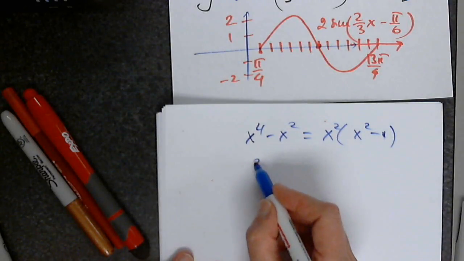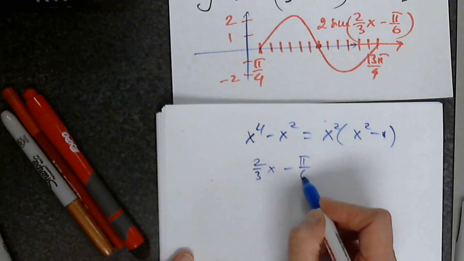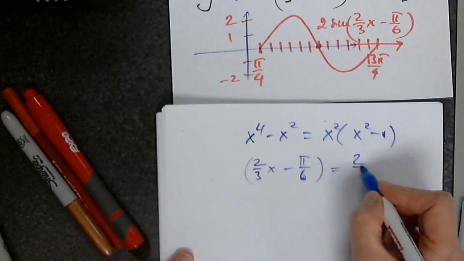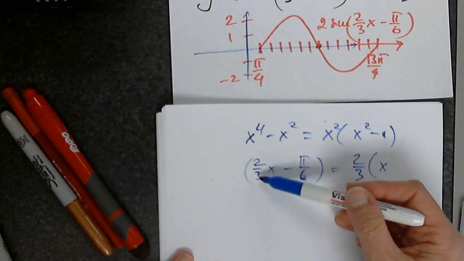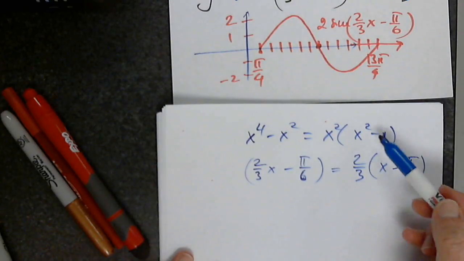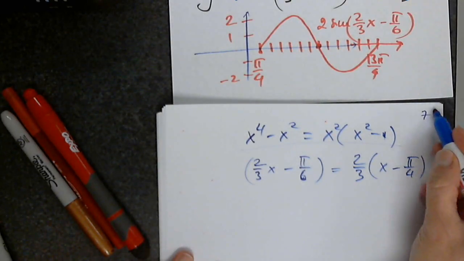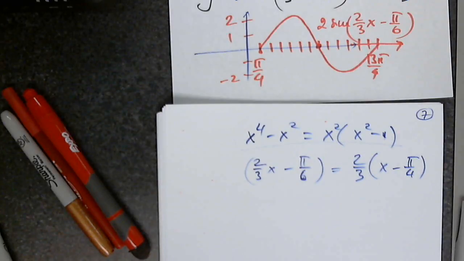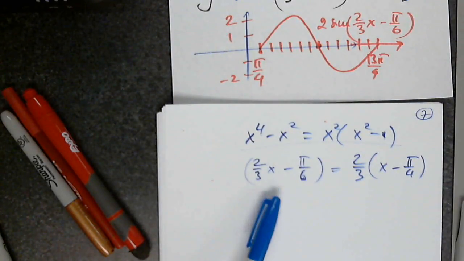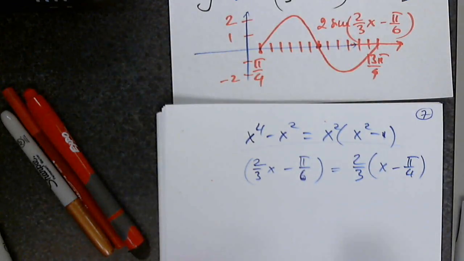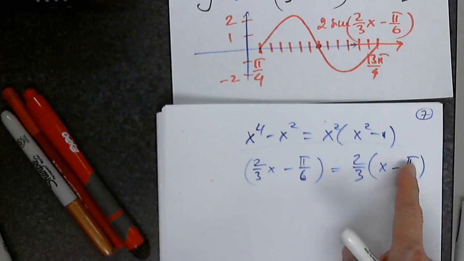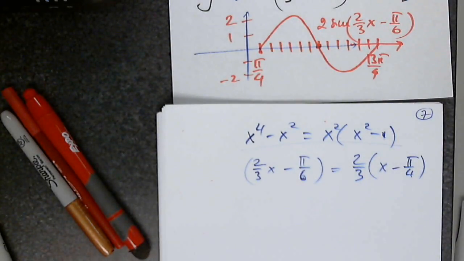So if I have 2/3 x minus pi over 6, and I want to factor out 2/3, you divide this by this, and you get negative pi over 4, exactly what we did with this. So you're dividing pi over 6 by 2 over 3 to get pi over 4. You can always take a moment and put it back in. This times this is this, and 2 over 3 times pi over 4 is pi over 6, to double check. Is that better?